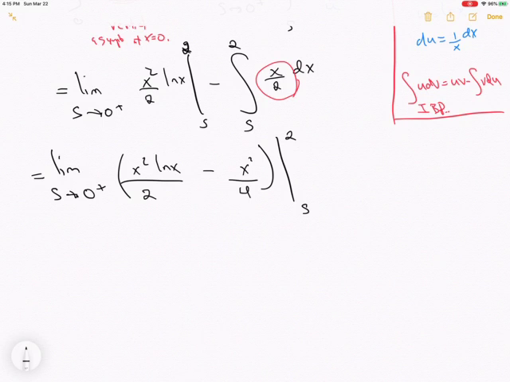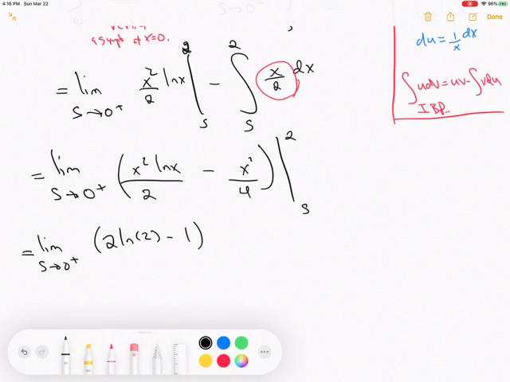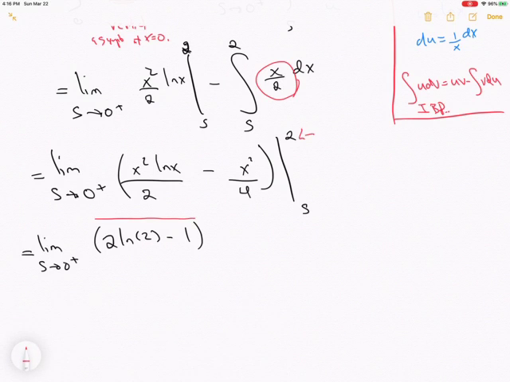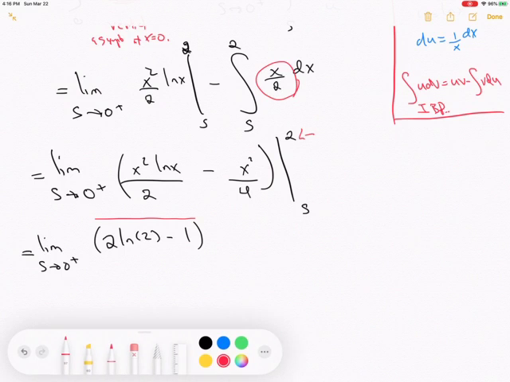So, we just do it. Again, that's the limit as s goes to 0 plus. You first plug in 2. When you plug in 2, you get 4 over 2 is 2, and you get natural log of 2, minus 2 squared is 4 over 4 is 1. Sorry, I misspoke, that whole thing is from plugging in the 2.